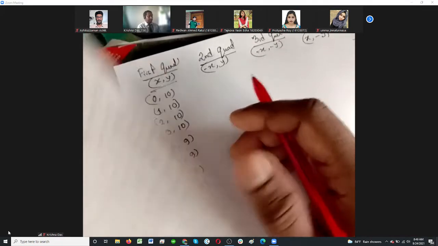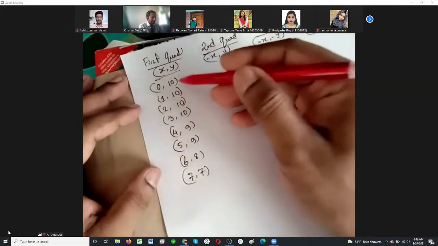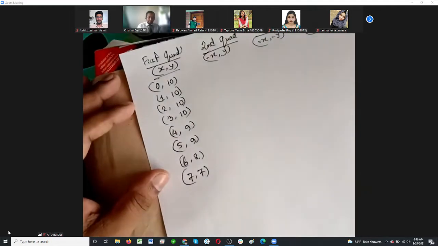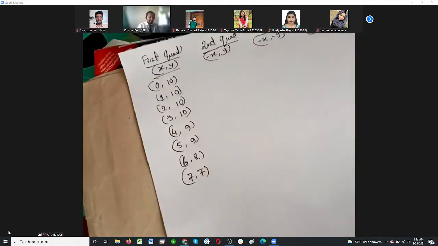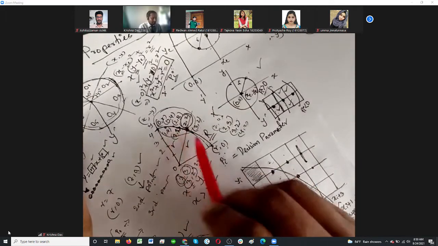So these are the points we have got, 1 2 3 4 5 6 7, these 7 points. 7, 7 is exactly the point between the two octants.